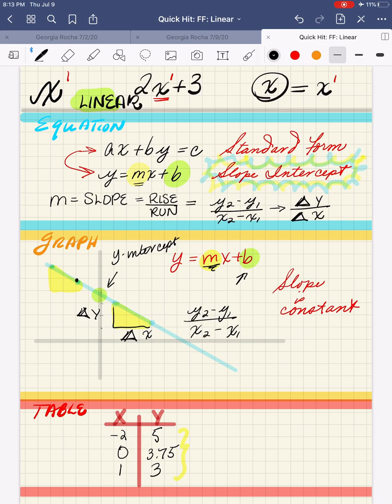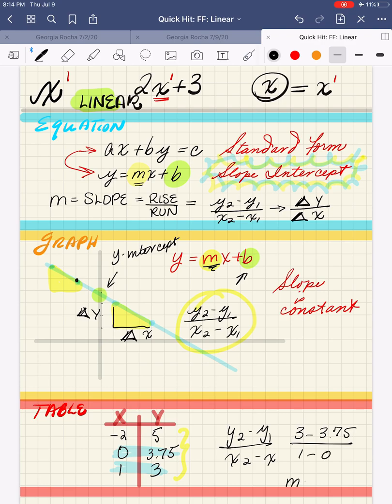with my slope equation, my y2 minus y1 over x2 minus x1, so that if I wanted to use this one and this one as my 2 points, and it doesn't matter, that would be 3 minus 3.75 over 1 minus 0.